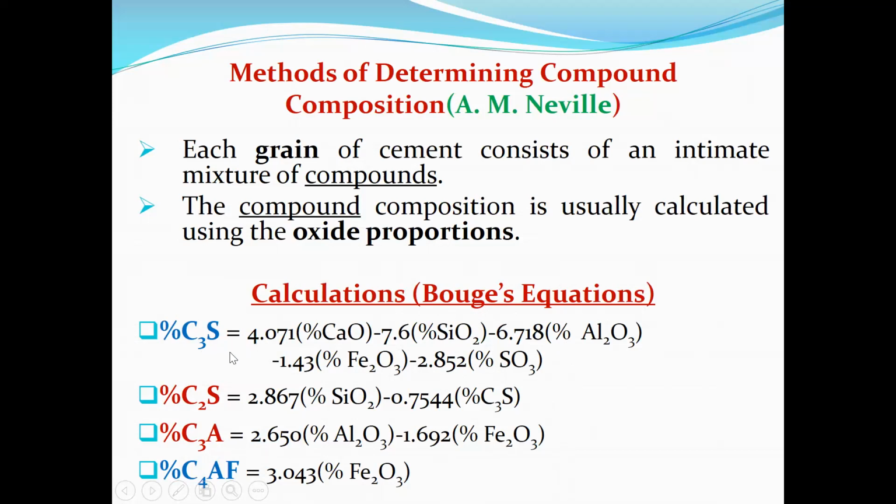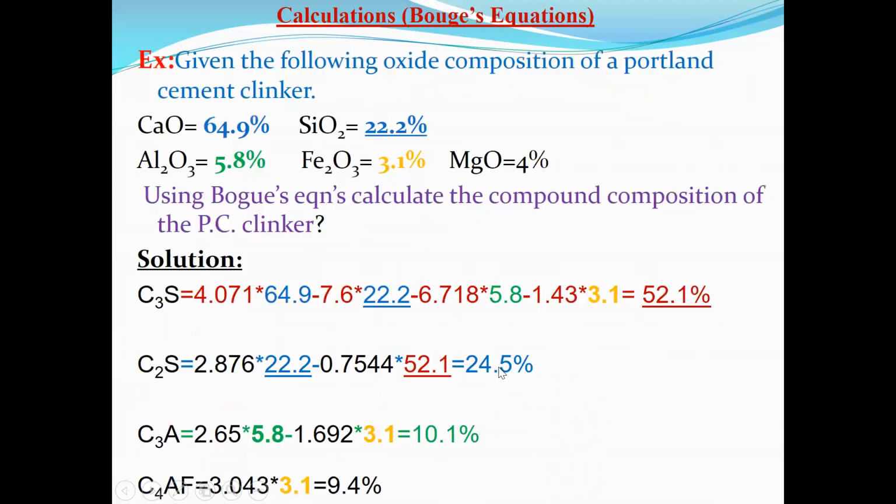Let me take one example. The percentage of C3S to be determined: the formula is 4.071 multiplied by percentage of calcium oxide, minus 7.6 multiplied by percentage of silica, minus 6.718 multiplied by percentage of aluminum oxide, and then ferric oxide, and then sulfur trioxide.